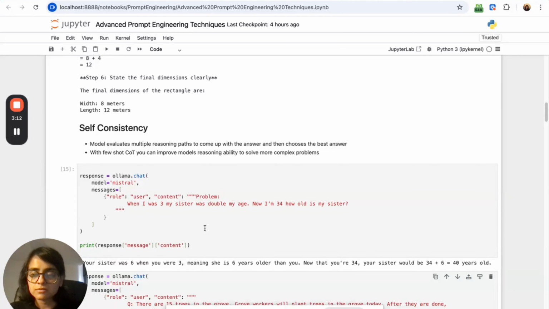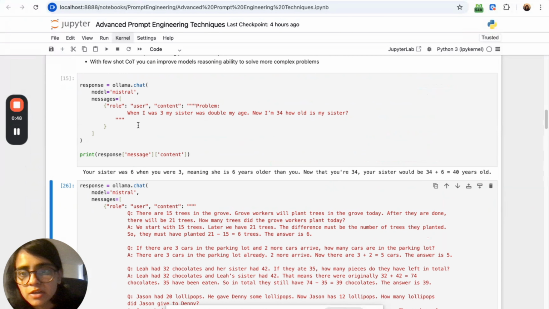What this is about is where the model gets to evaluate different reasoning paths before choosing the best answer. You can do this by giving few shot chain of thought prompting to improve the model's reasoning ability for solving complex problems. The example that I have taken here is: when I was 3, my sister was double my age. Now I'm 34. How old is my sister? When I gave this to a model, it responded with an answer which was incorrect.